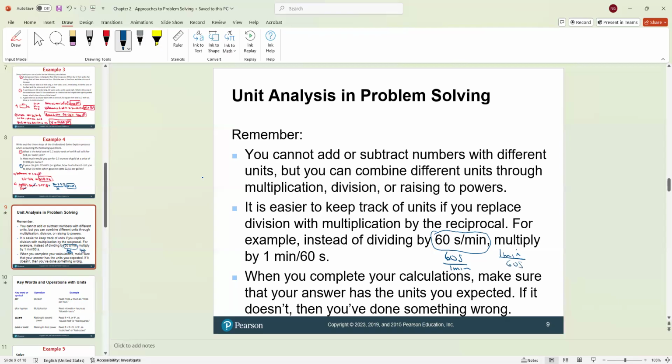So you see, we're gonna cancel very quick with that. When you complete your calculations, make sure that your answer has the unit you expect. If it doesn't, then you've done something wrong. You need to verify again.